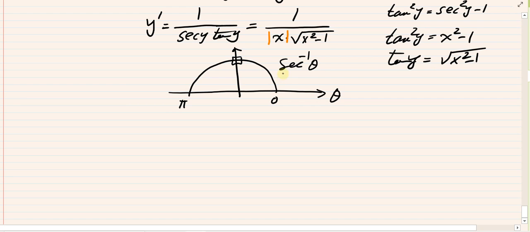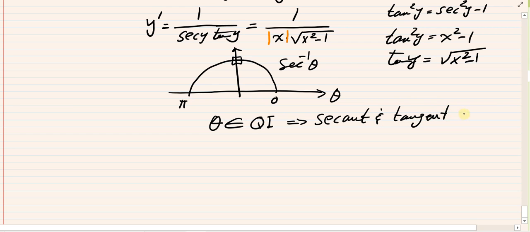Now if theta belongs to the first quadrant, Q1, then that means secant and tangent are both positive, right? So if I look at secant y times tangent of y, that product is going to be positive, right?